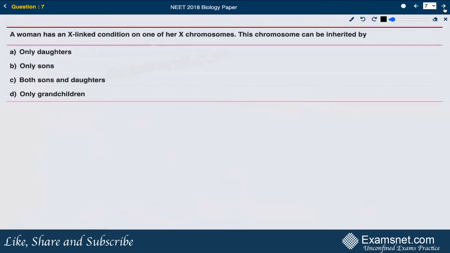Now, question number 7. Question number 7 says that a woman who has an X-linked condition on one of her X chromosomes, this chromosome can be inherited by. This question has been asked from the chapter Principles of Inheritance and Variation from your standard 12, and it is from genetic disorders.